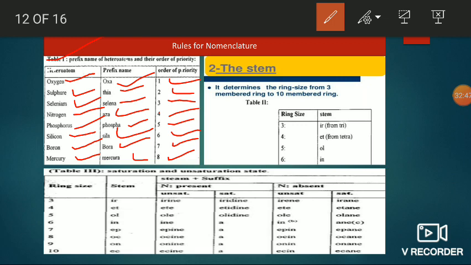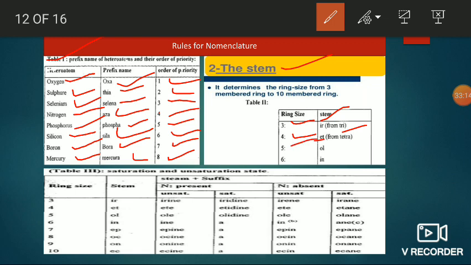The next table gives information about the stem. That is, stem gives information about the ring size. Here, if the ring size is 3, that is a 3-membered ring, the stem is ir. If the ring size is 4, then it is et.